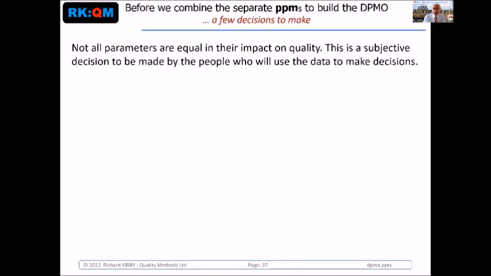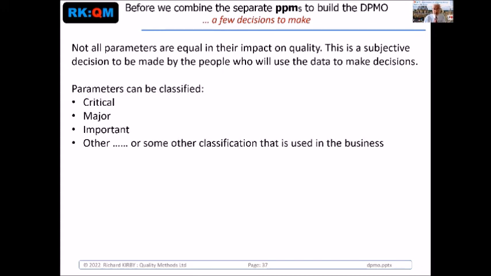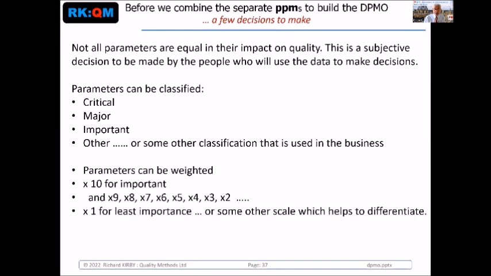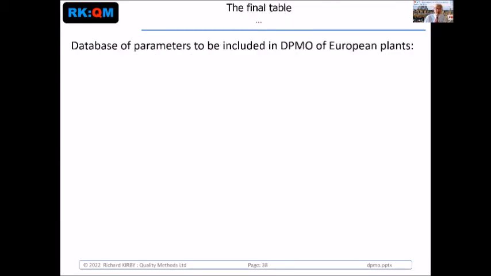This is a subjective aspect of the process to be made by the people who will use the data to make decisions. Parameters can be classified critical, major, important, other, or some other classification that's used in the business. Or parameters can be weighted, times 10 for important, times 1 for least important, or some other scale which is easy, but helps to differentiate between the critical and non-critical.